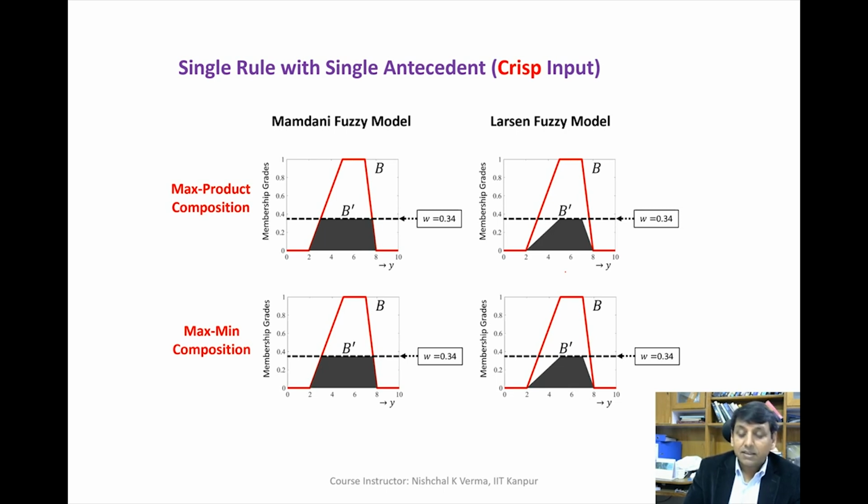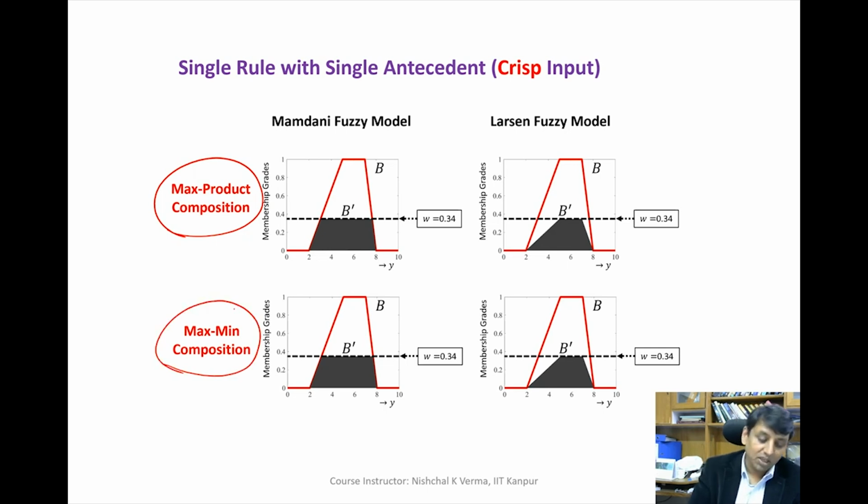What we are interested to note is that for a single antecedent, whether we use max product composition or max min composition, the result is going to remain the same.